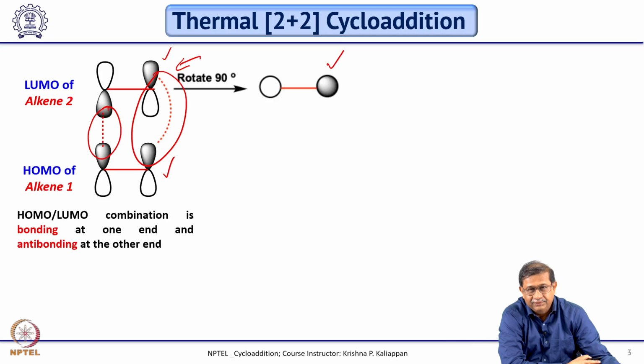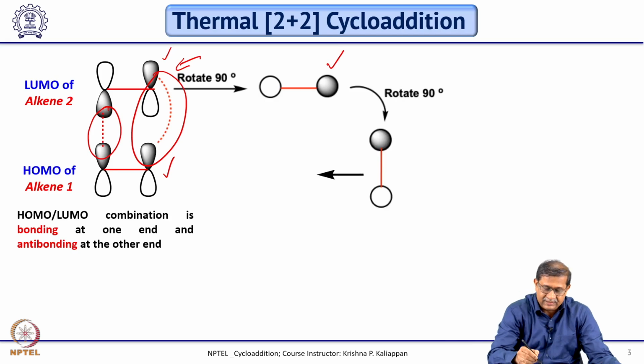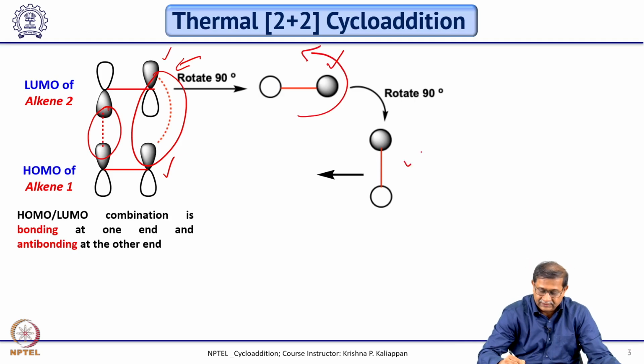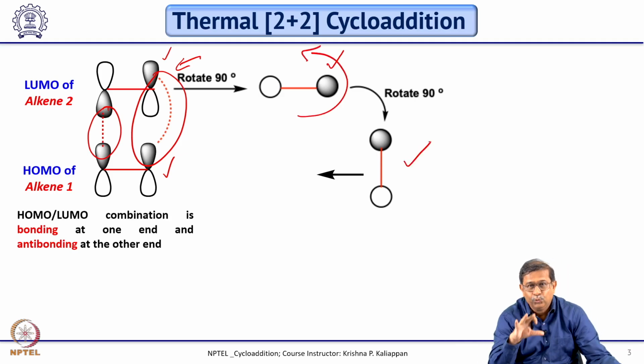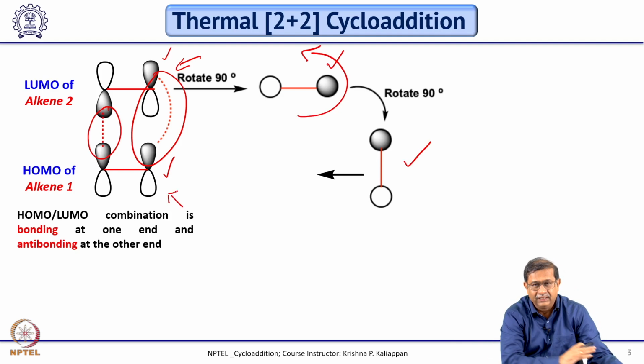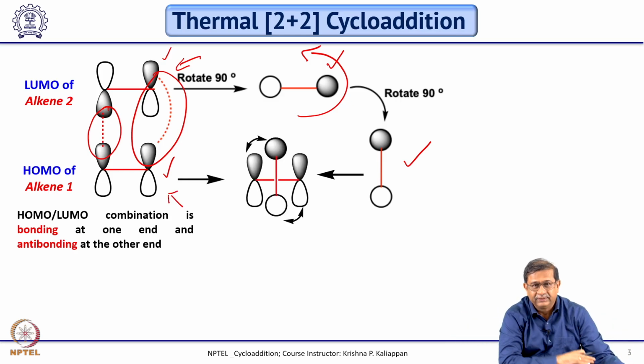Now again you rotate it by 90 degrees anti-clockwise, so you get this. So this is the LUMO of alkene 2, and you have the HOMO of alkene 1 here. If you bring these two together, you will get this particular arrangement.